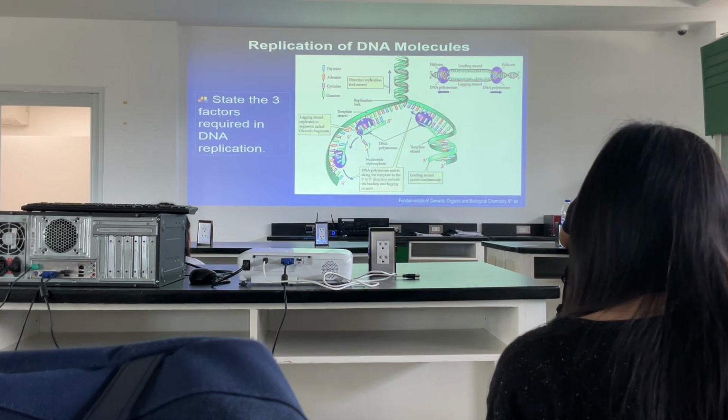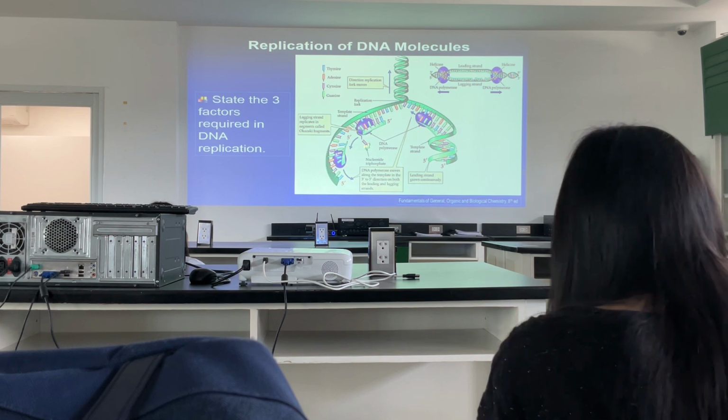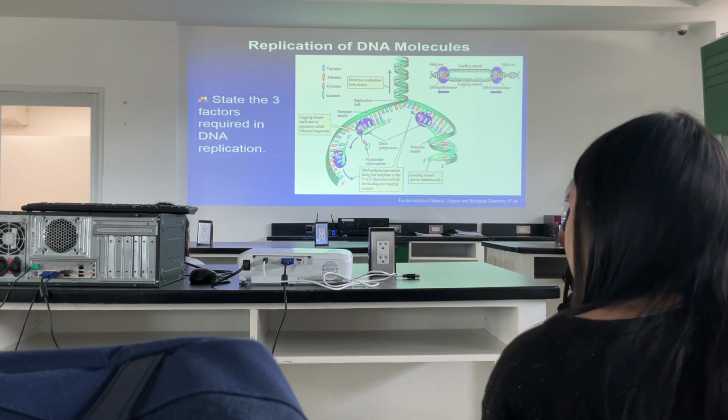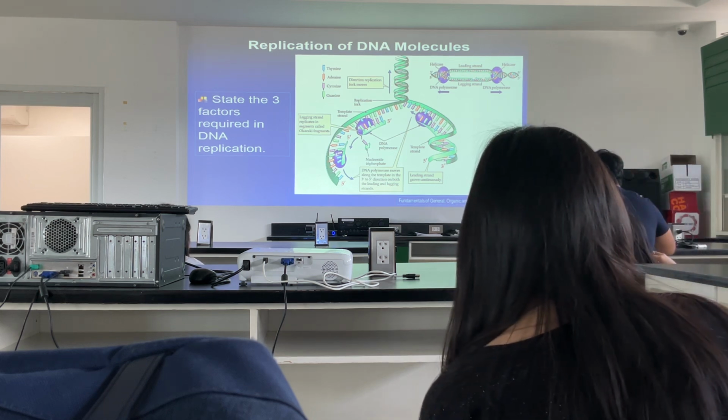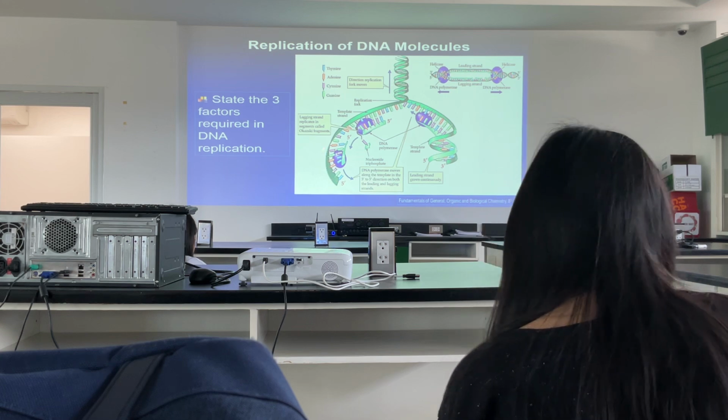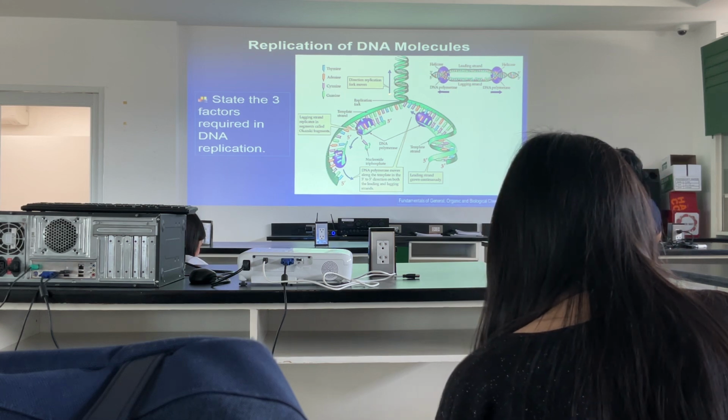And to stabilize the strand and prevent it from coiling, the second factor is a DNA binding protein. The DNA binding protein will stabilize the template strand.